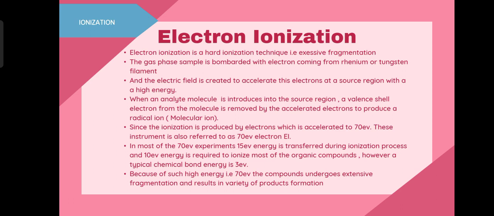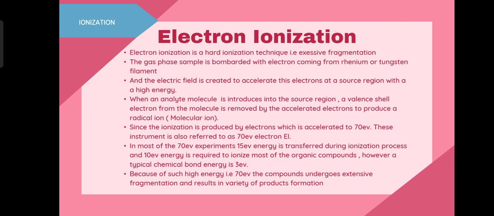Since these electrons which are bombarding onto the sample molecules are accelerated at high energy, their energy is approximately 70 electron volt, and therefore it is also referred to as the 70 electron volt electron ionization process.